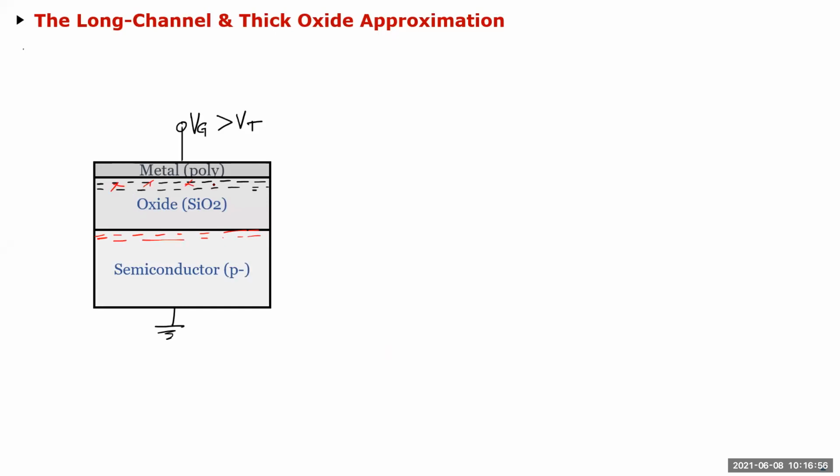So what we derived was the voltage of the gate with respect to the substrate at which there will be a channel formed, because this is a P minus. We want to invert the channel to N minus, and that voltage we call the threshold voltage, which turned out to be the work function difference between the metal and semiconductor, which, in the case of IC design, is poly, and the substrate.